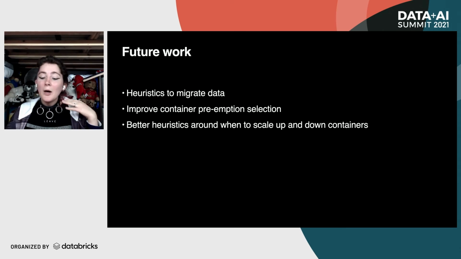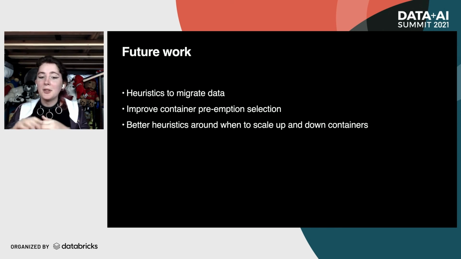But not all of the executors are necessarily equal all of the time. And so I think improving how we tell the cluster manager, not the Spark cluster manager, but the Kubernetes cluster manager, which containers are least impactful to us to lose, could be really beneficial.